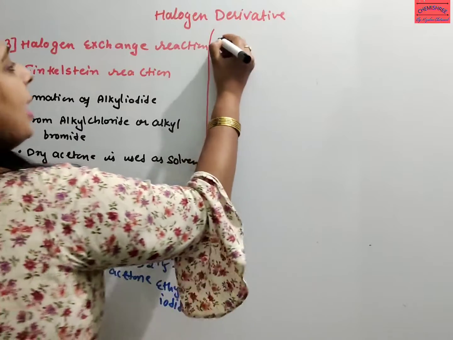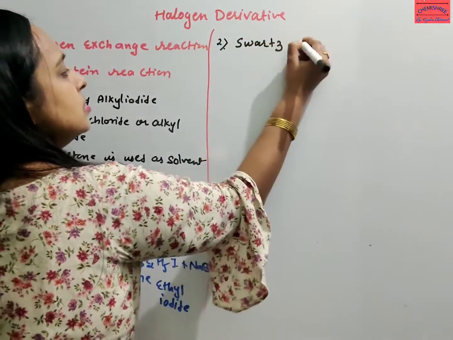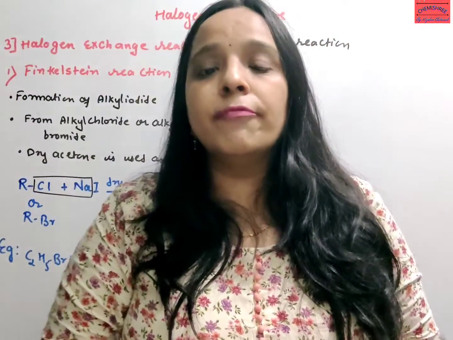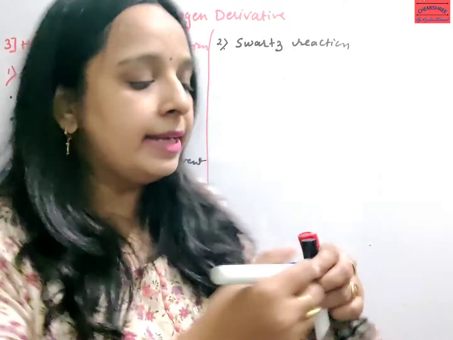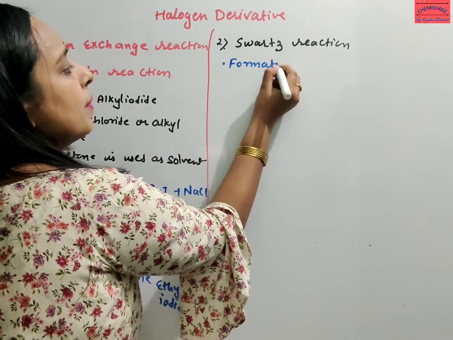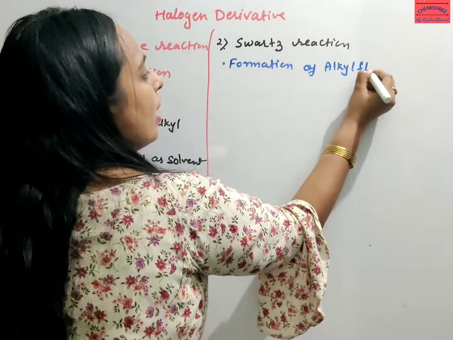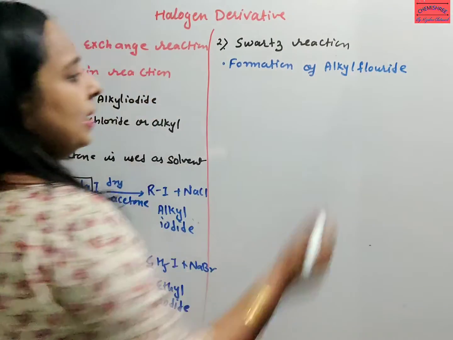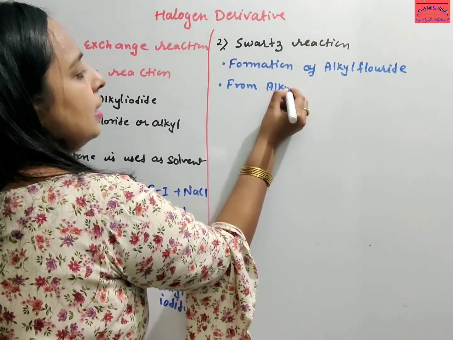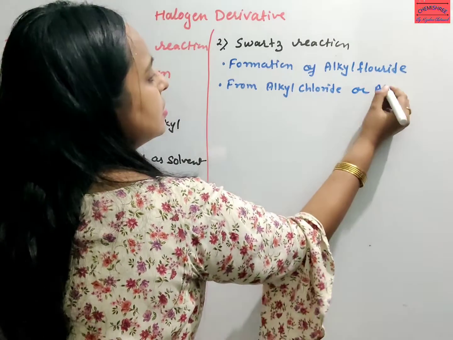Another reaction is Swarts reaction. In Swarts reaction, formation of alkyl fluoride takes place from alkyl chloride or bromide.